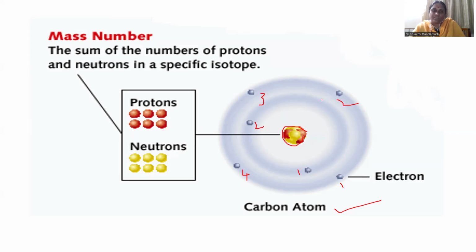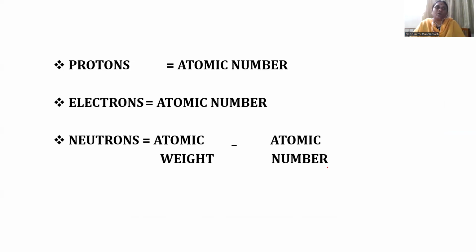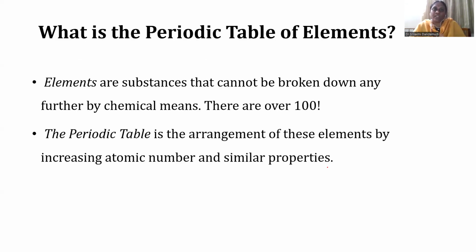So this is a circular path that contains electrons. Atomic number is the number of protons or the number of electrons. If we want the number of neutrons, we subtract the atomic number from the atomic weight, and we will get the number of neutrons.